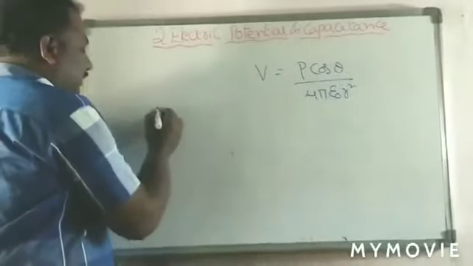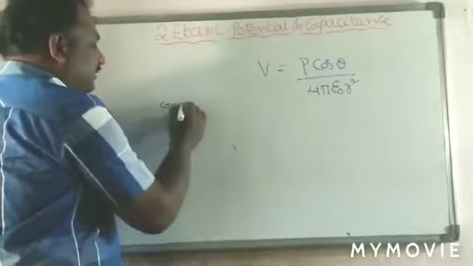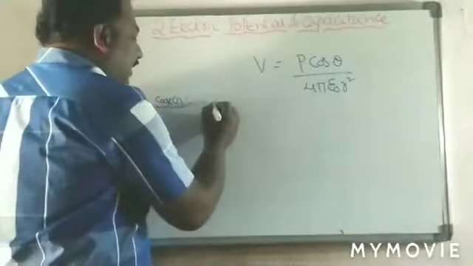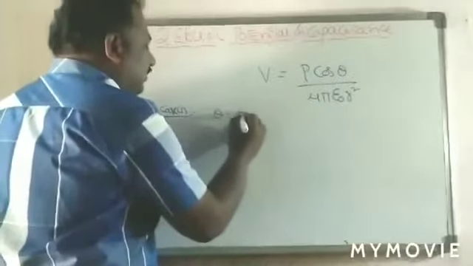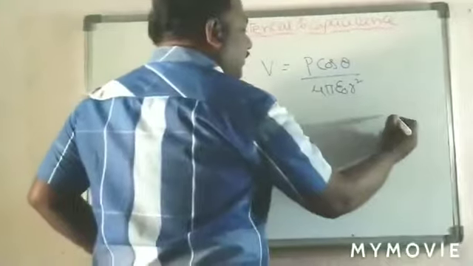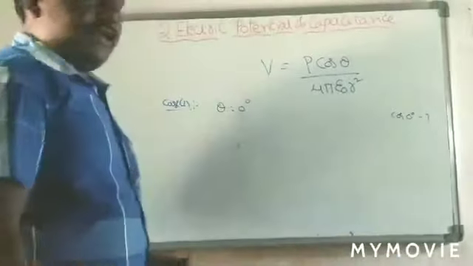Now, the first case, case 1, is if the angle theta is equal to 0 degrees. When theta is equal to 0 degrees, we know that cos 0 degrees is equal to 1.